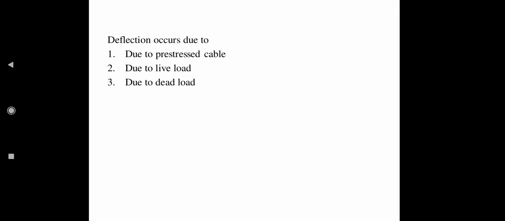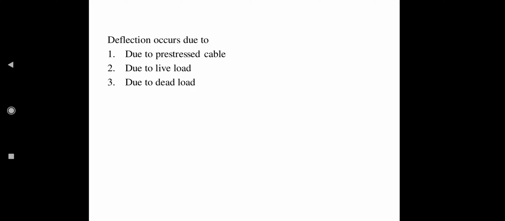So why does deflection occur in a member? It may be a slab, it may be a bridge, or it may be a beam, anything. Why will these members experience deflection? Deflection occurs due to prestressed cable, due to live load, and due to dead load. So the beam is said to undergo deflection because of these three things.